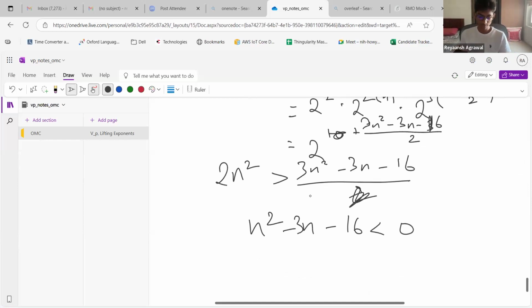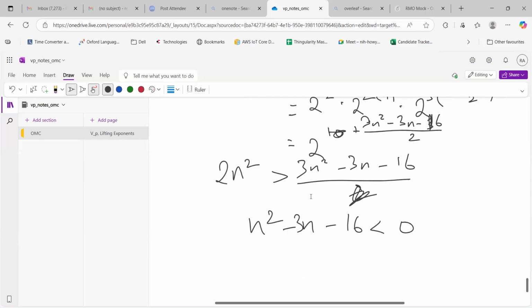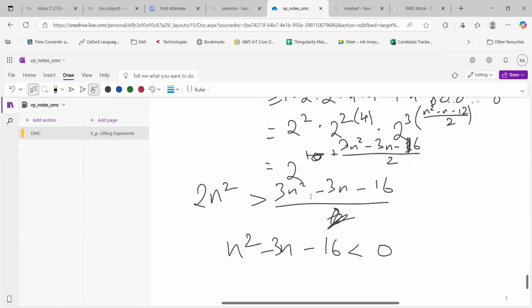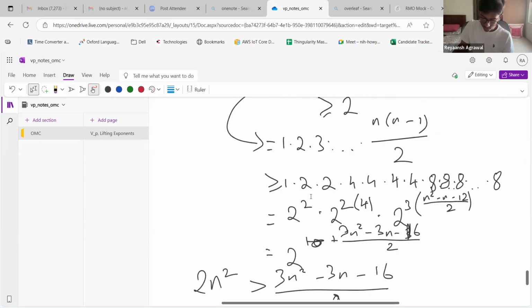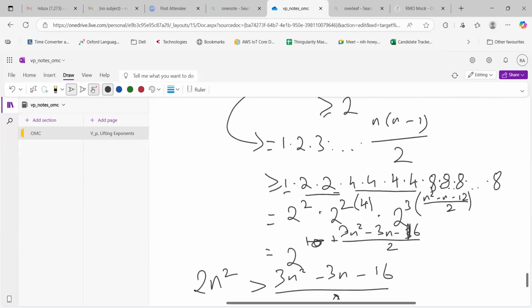Okay, when does this hold? Yes. In the above equation, how did you get 2 cube times n square minus n minus 12 by 2? Yes. So we have 1 over here, right? We have two twos, and then we have four fours, right?